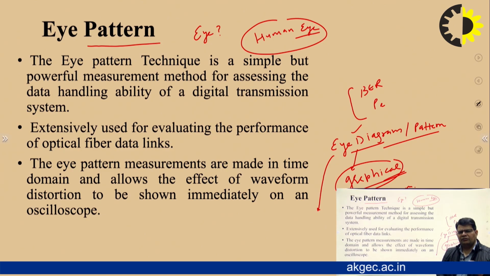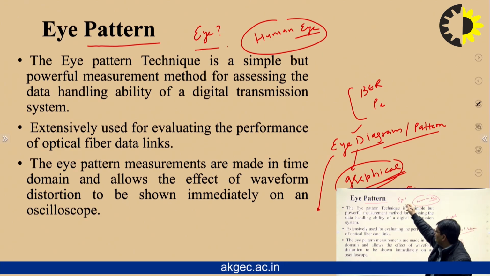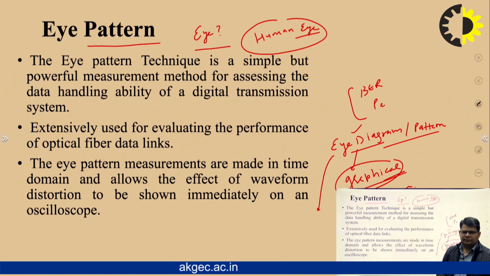In a similar way, we can analyze the performance of a wired communication system by simply analyzing the eye diagram or eye pattern. For example, the more the opening of the eye pattern, the less the distortion, or we can say that the performance of the communication system is better.